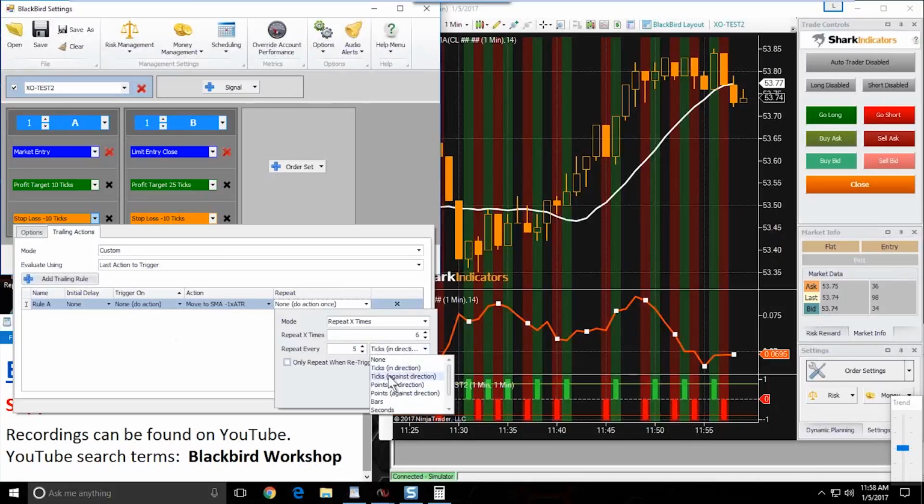You could also set the repeat up so that it happens when price goes against you. You could say repeat every 5 ticks price moves against you, if you wanted to.